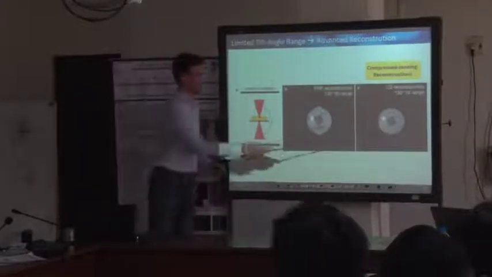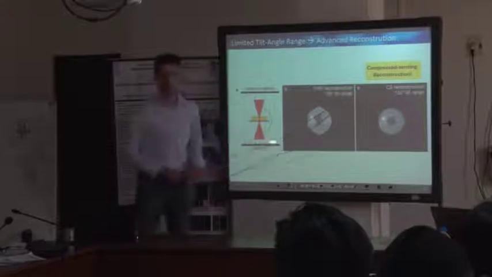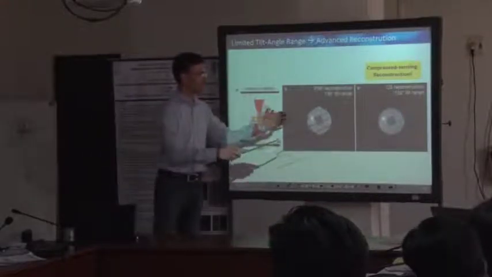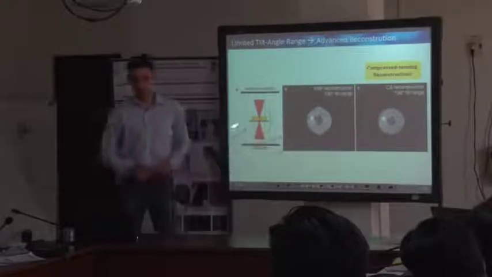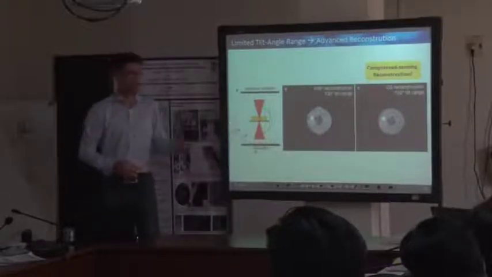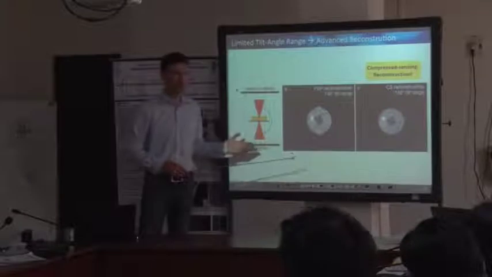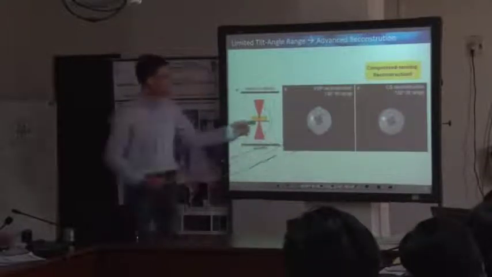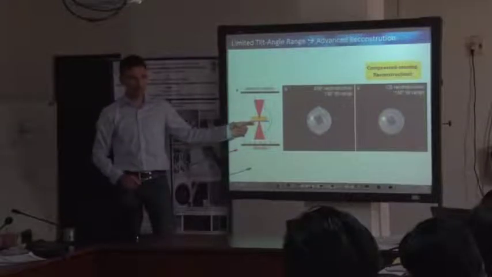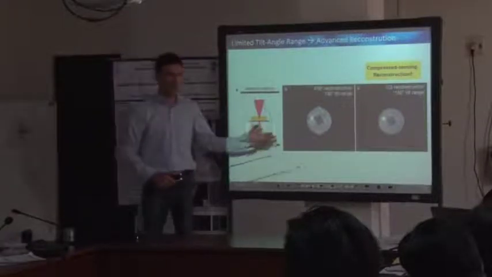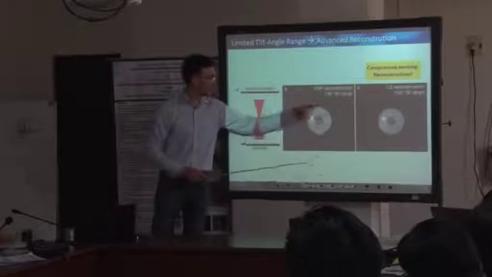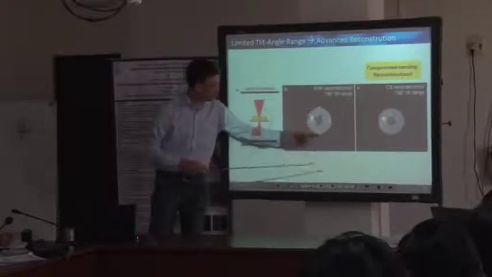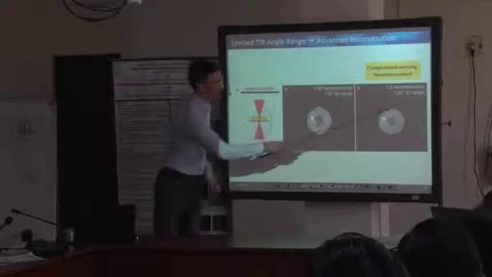So you see that it's far better what you get out of that, and this can be done by such elaborate techniques. This resembles far better, even for an incomplete data set with a limited tilt angle range, what you have. Because this information, except this very topmost part here, is still present there.